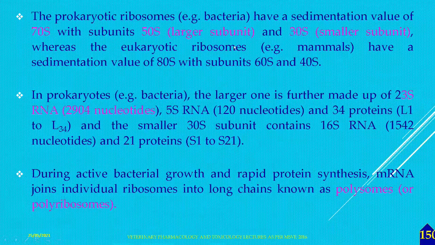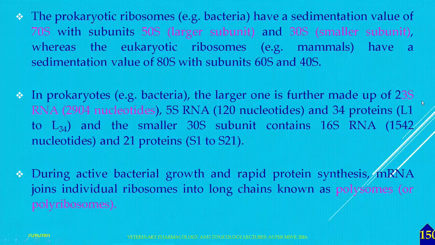In prokaryotes, especially bacteria, the larger subunit is further made up of the 23S RNA, which contains 2904 nucleotides, and the 5S RNA, which contains 120 nucleotides, and 34 proteins, named L1 to L34.